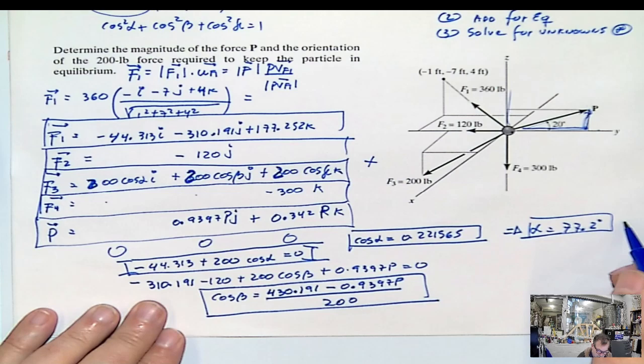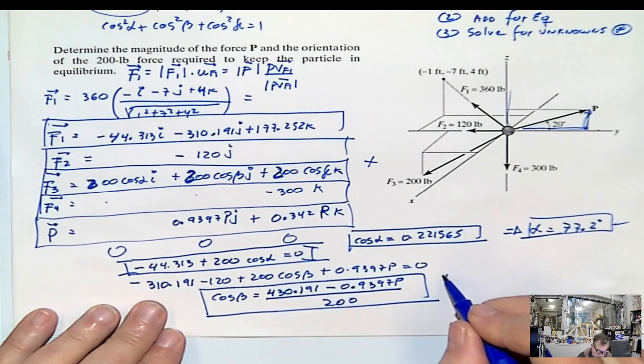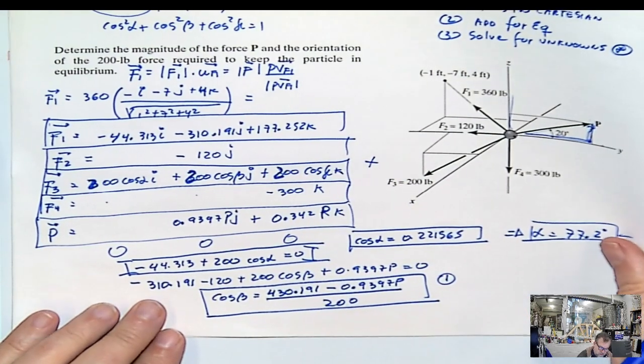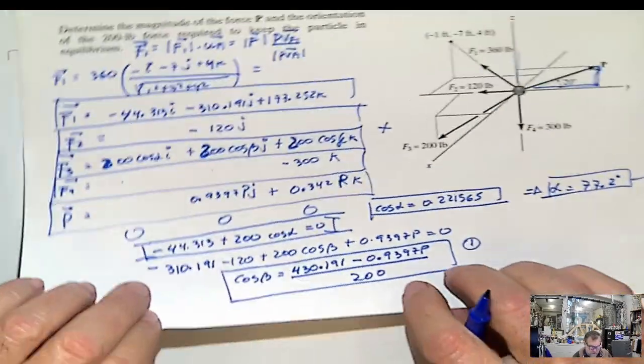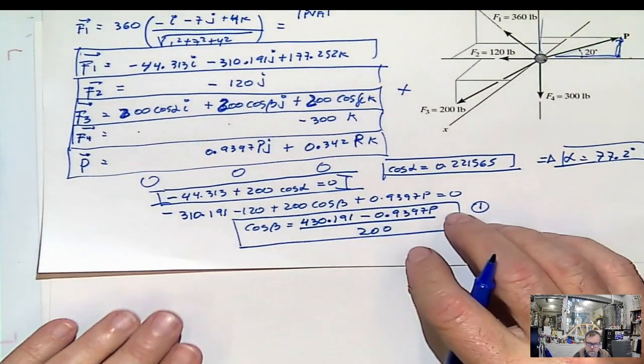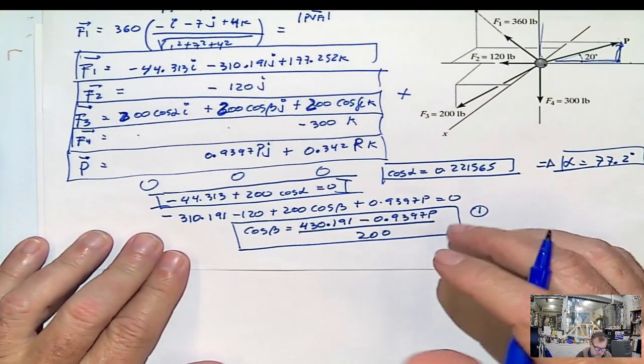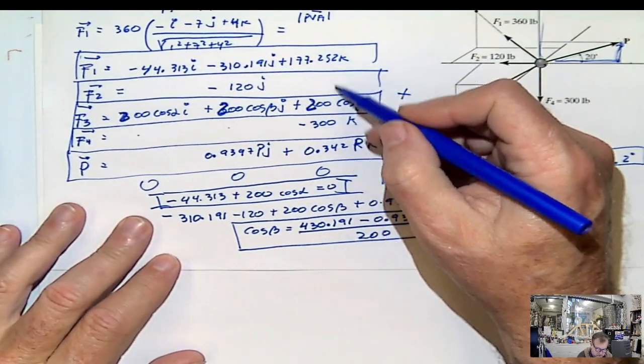So far, I have one result and I have one equation here. Let's keep moving. Now we do summation of forces in z, which is the k here.